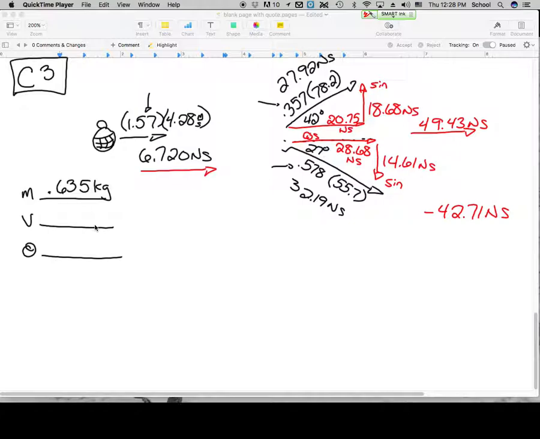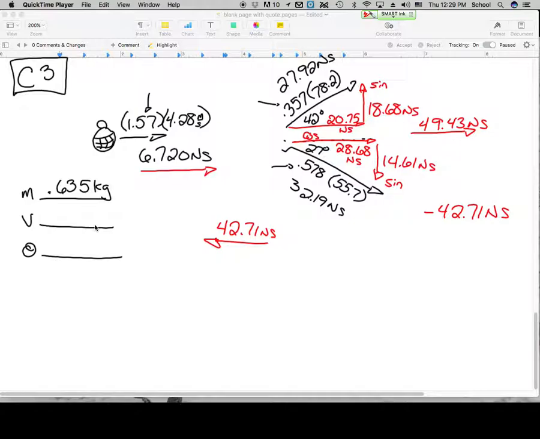So the third chunk must be flying this way, and it must have a forward to backwards momentum, clearly backwards in this case, of that much. Does that make sense? That way these two numbers add up to what that number was before.